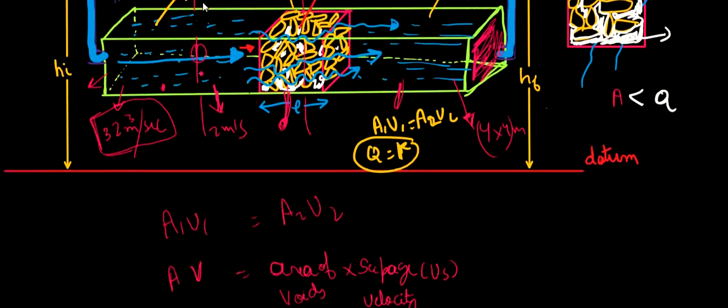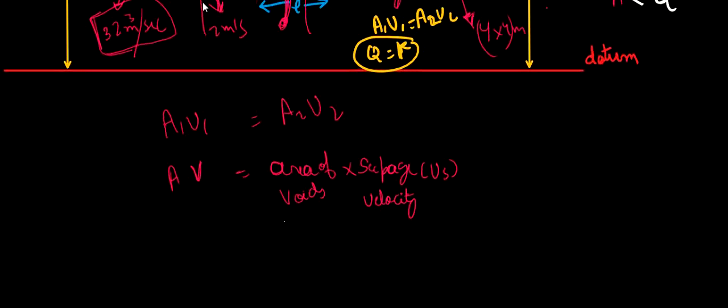So now let us solve this equation. The area will be 4 meter into 4 meter into velocity, that is 2 meter per second. So this will be 32 is equal to A2, that is the area of voids, into the seepage velocity. Now look here. Here the area was 4 into 4, that is 16 meter square.